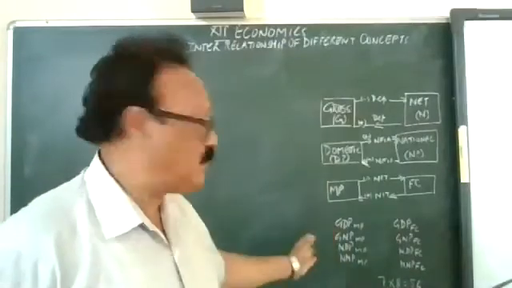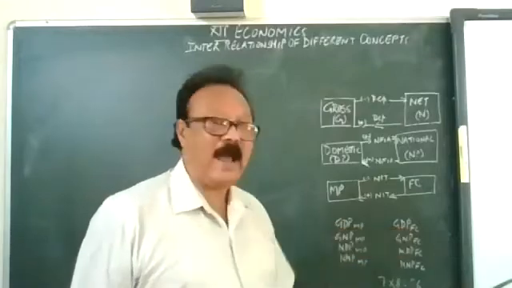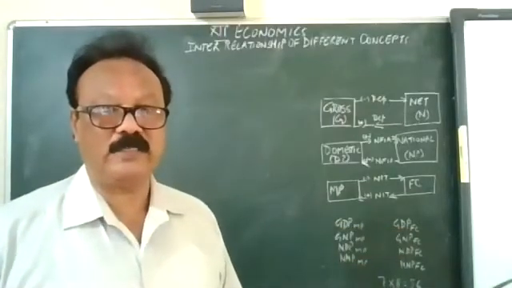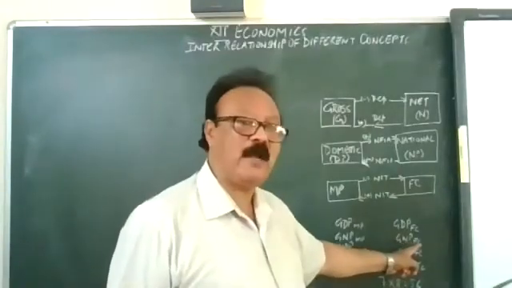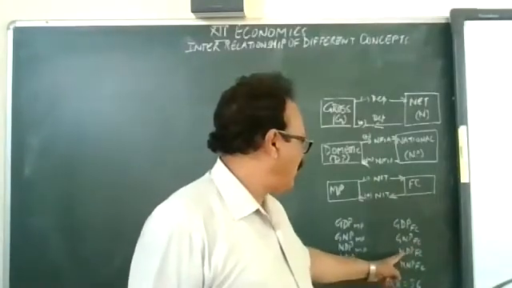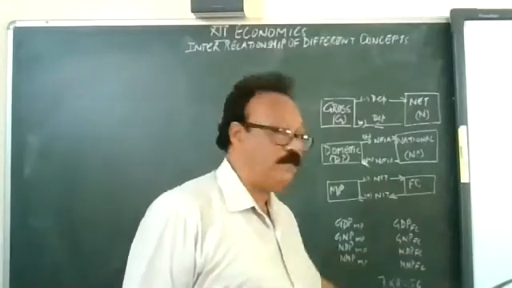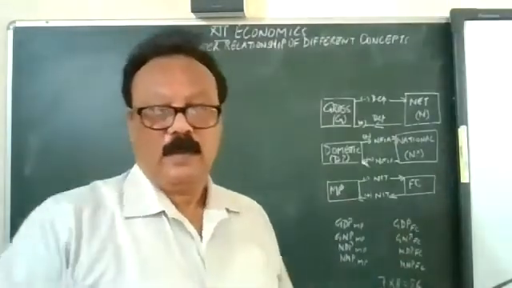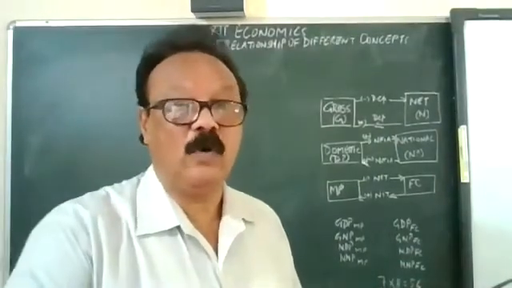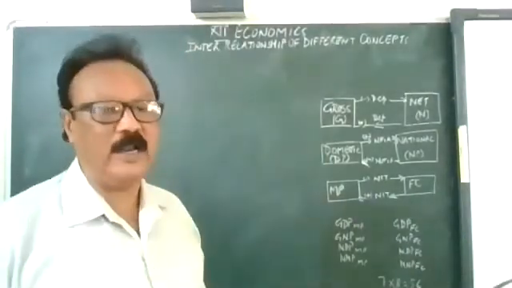Then the same 4 at factor cost: gross domestic product at factor cost, gross national product at factor cost, net domestic product at factor cost, net national product at factor cost. These are the 8 aggregates.